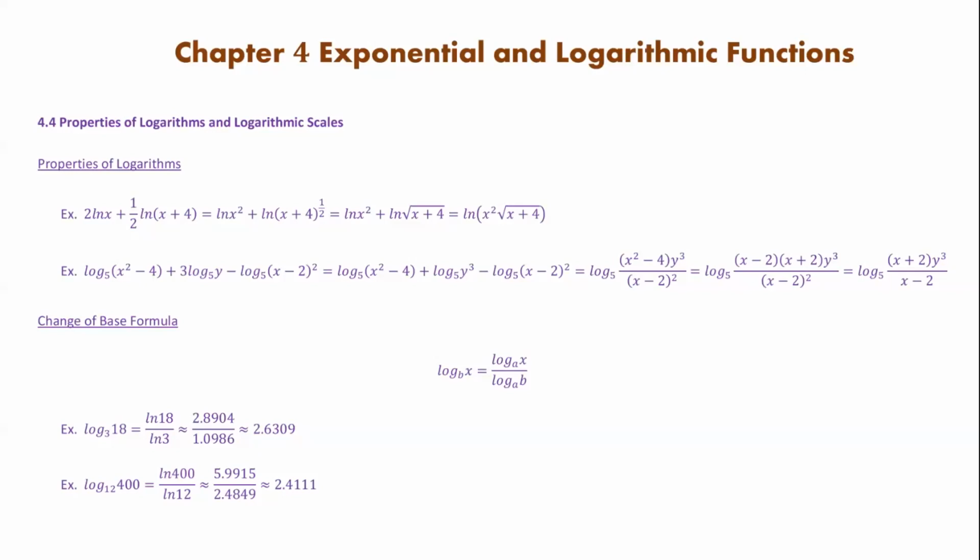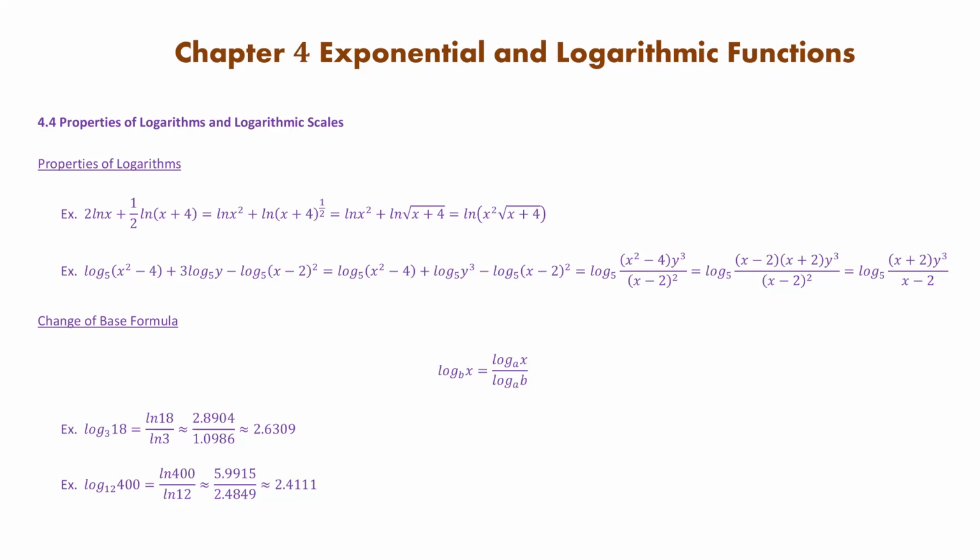How do you calculate the logarithm of 2 with base 1.3? Then you can use some base that we use frequently, like base 10 or base e. So you can write that as logarithm of 2 base 10 over logarithm of 1.3 base 10, or logarithm of 2 base e divided by logarithm of 1.3 base e. Okay.